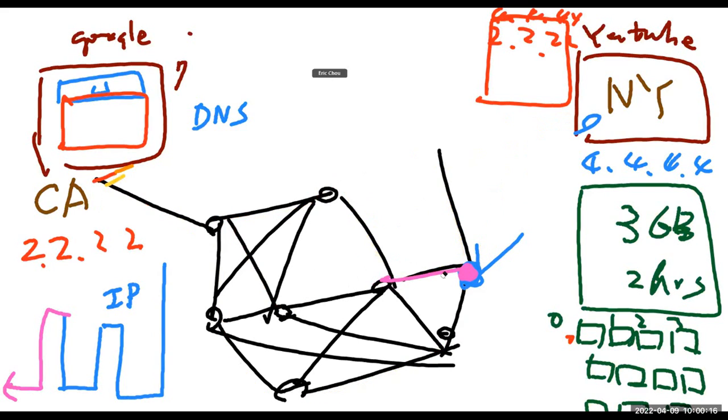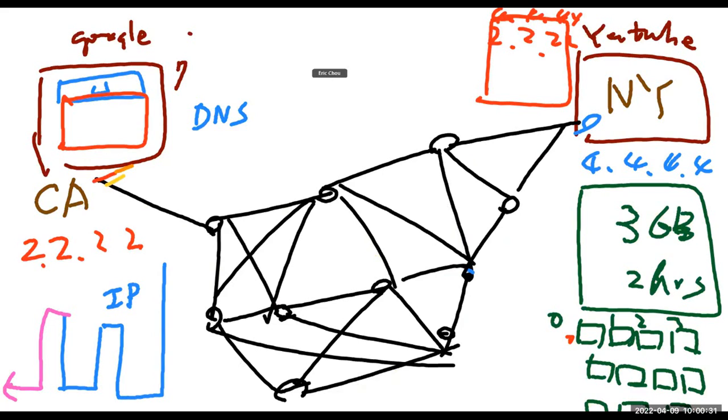Okay, this is the network. Let me clean it up. Let's assume that somehow this one is dead, and I transmit my data to here.